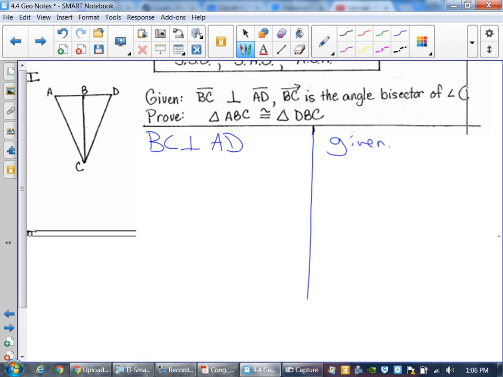So as you start through, you know perpendicular. We just got done doing one of those. That should be easy. When you have perpendicular, we get the 2 right angles. We write it down.